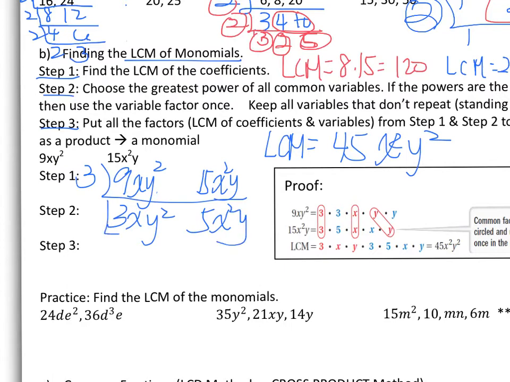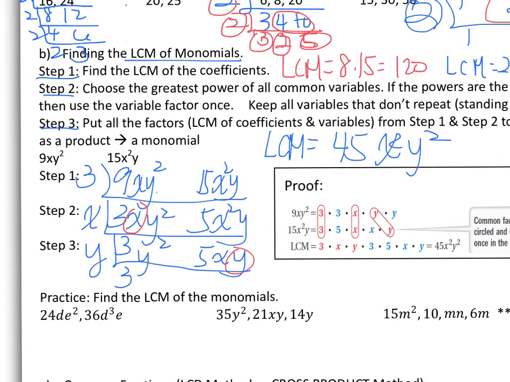Now I'm going to take out the x with a smaller power. X, 3y squared, 5xy. Now I'm going to take out y that has the smallest power. Y, 3, y, 5x.